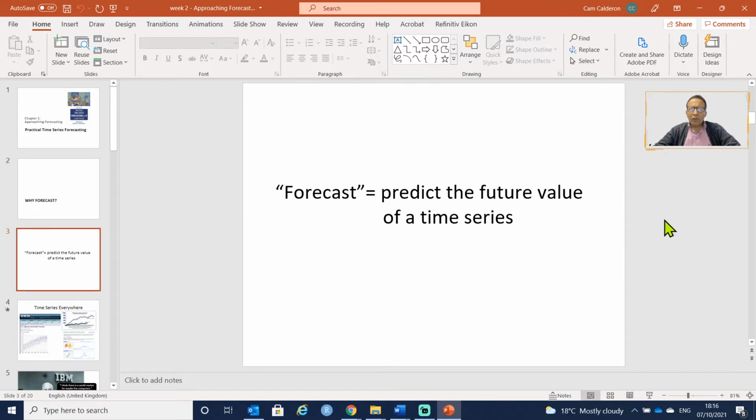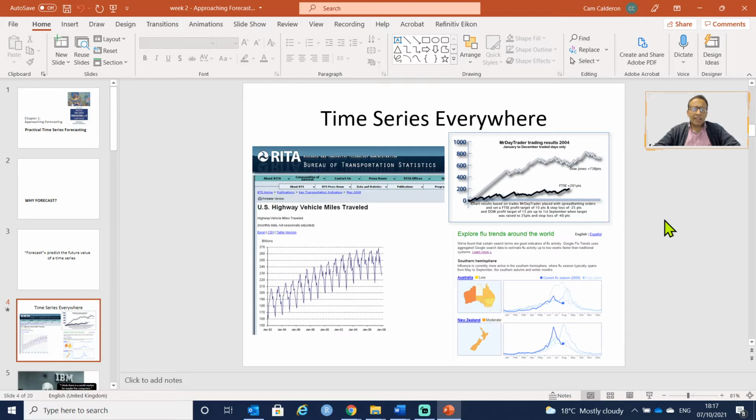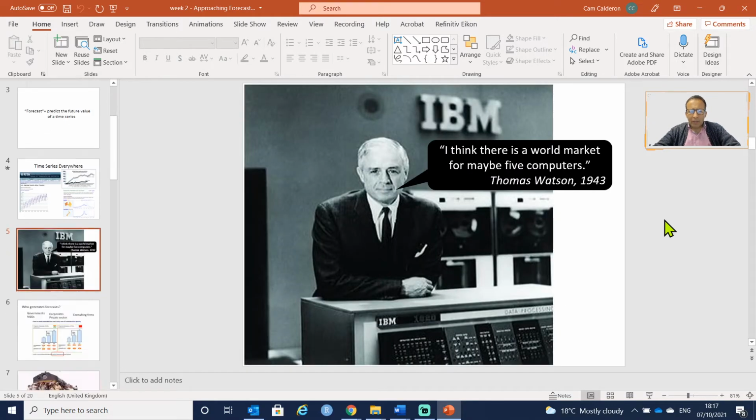Forecasting is to predict the future value of a time series. So we use time series to forecast, and they are almost everywhere. For instance, IBM probably did not forecast that their computers were going to be everywhere for everyone.